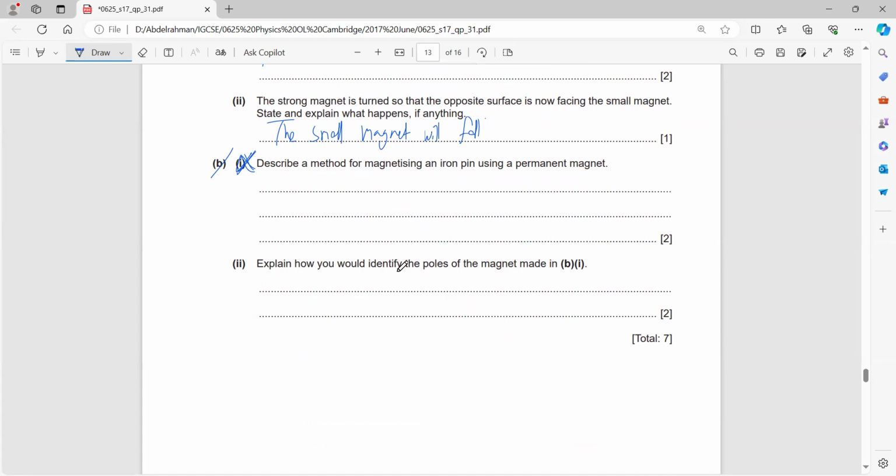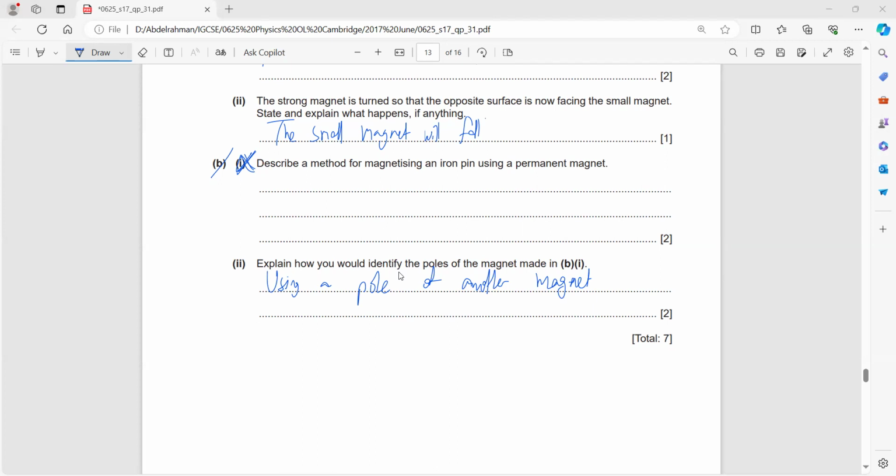Explain how you would identify the poles of the magnet. How would you identify the poles of the magnet using another magnet? Using a pole of another magnet. If you have, for example, a north pole of another magnet, if it attracts, then you know that this is a south pole.